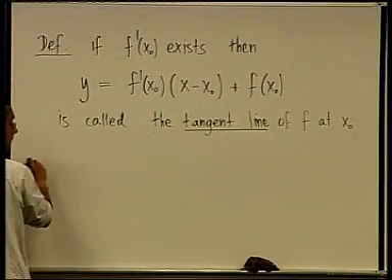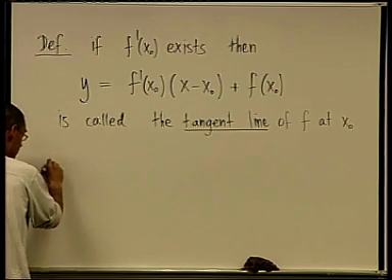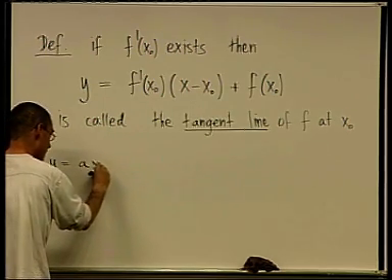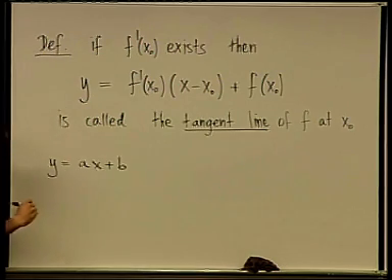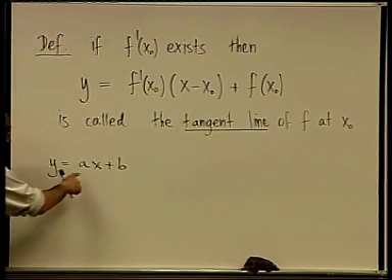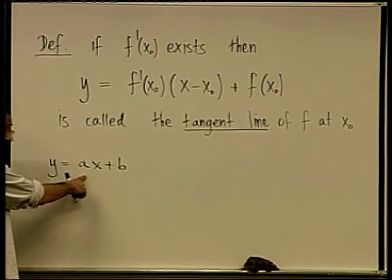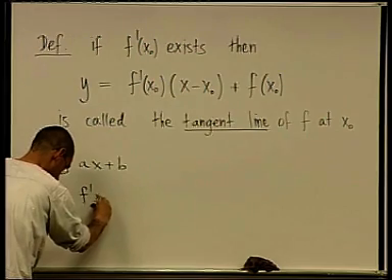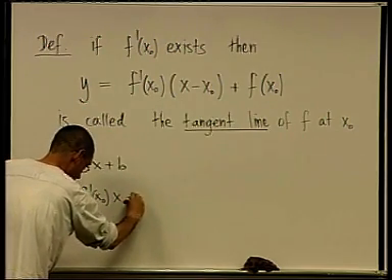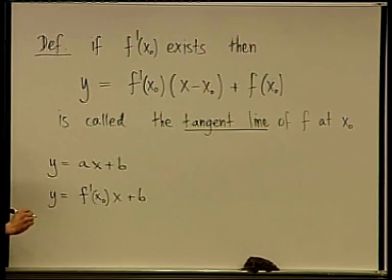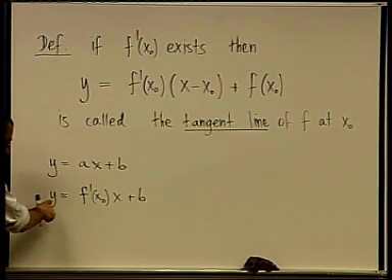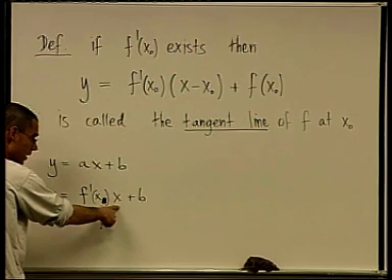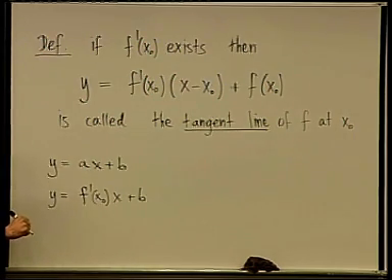So the explanation to this, so I want a line of the form y equals ax plus b. I want the slope to be f prime of x0, so I want it to be y equals f prime of x0 times x plus b. And I want it to pass through the point x0, f of x0. So if I plug in f of x0 here and x0 here, that should give me the b, right?